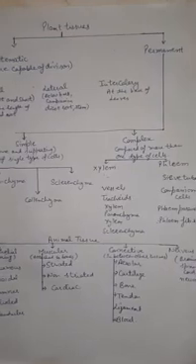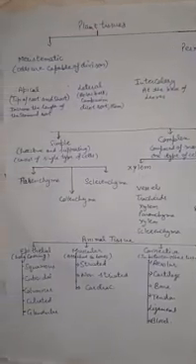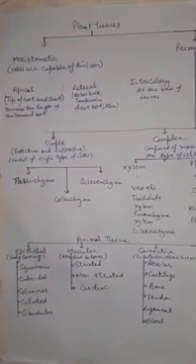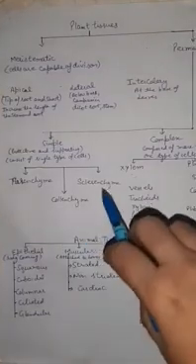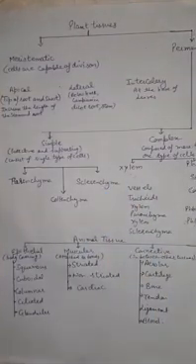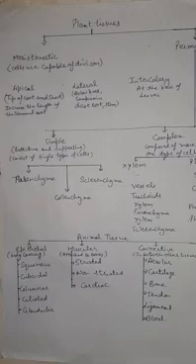Next is the simple tissue. It has three further types: parenchyma, collenchyma and sclerenchyma. Parenchyma are the living cells which provide support to the plant and also store food. Collenchyma gives flexibility to the plants.